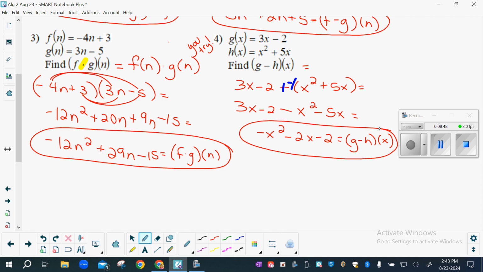So when you write that, you have to put parentheses around that and then distribute that negative. Okay, ready for the next one?